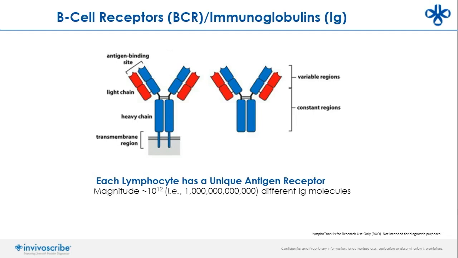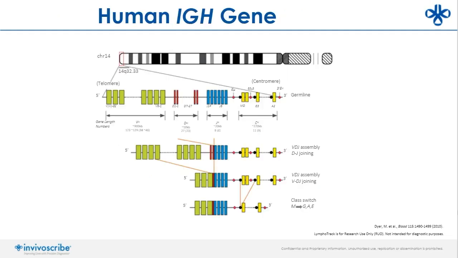The polymorphic number of combinations we can create in a cell is enormous. That is very important for the cell to respond to different antigens. So the IGH gene is a pretty complex gene, located on chromosome 14.